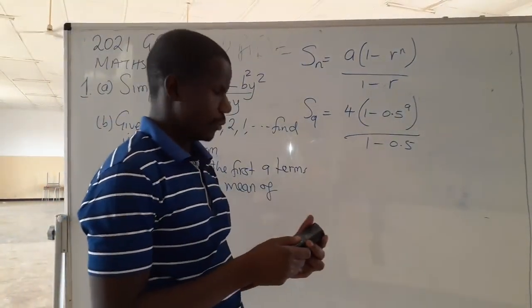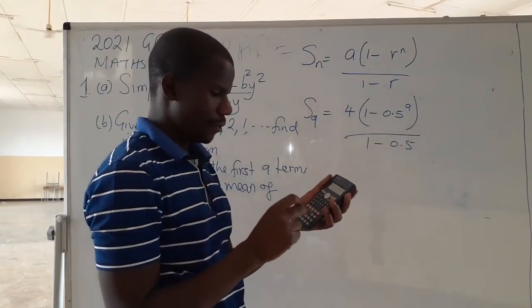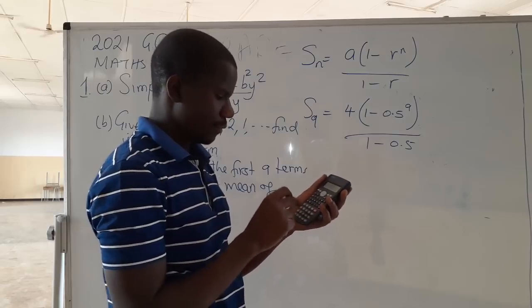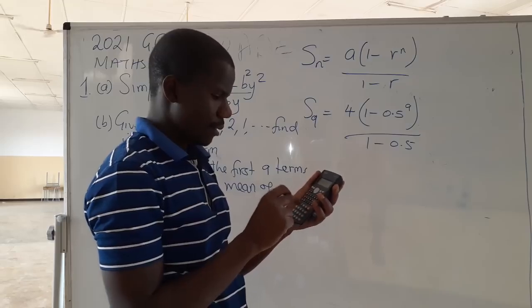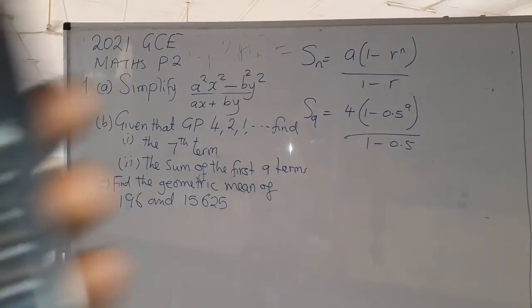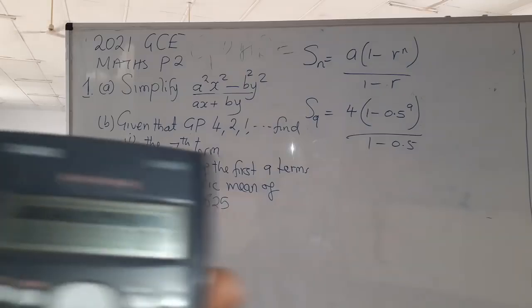Okay. So this one, you punch on the calculator: 4 open brackets 1 minus 0.5 to the power 9 close brackets. Let me show you, maybe you'll be able to see this. So let's do it. We're saying 4 open brackets 1 minus 0.5 to the power 9 close, like this.